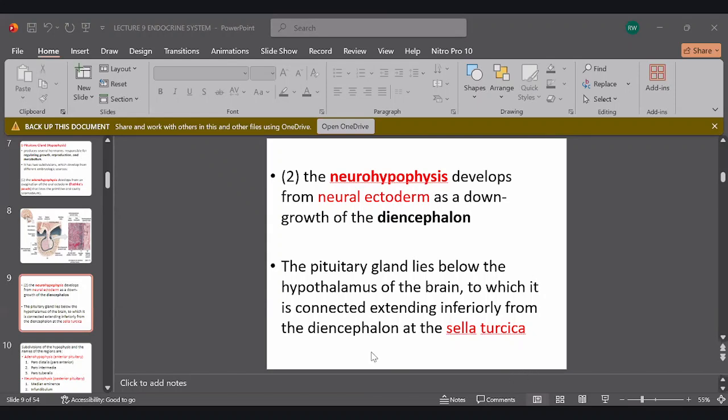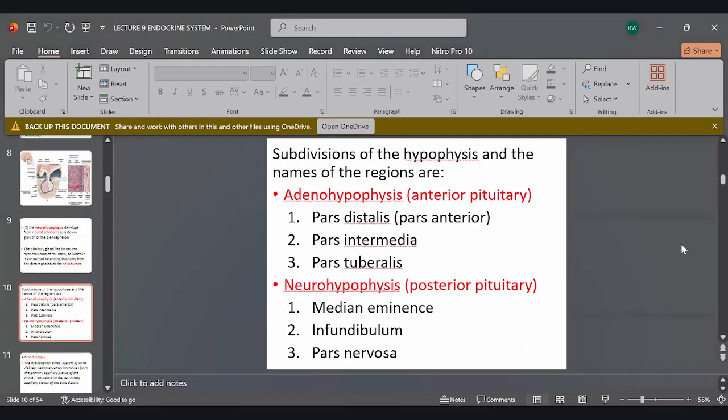Where is it located? At the base of the skull, in the middle cranial fossa. Yes. So remember that's very, very important. That's where it is located.